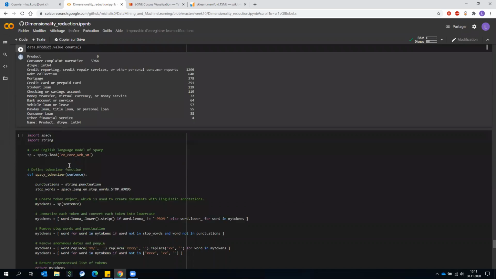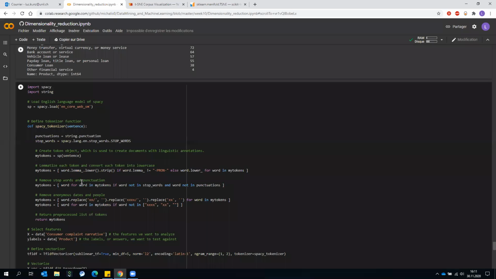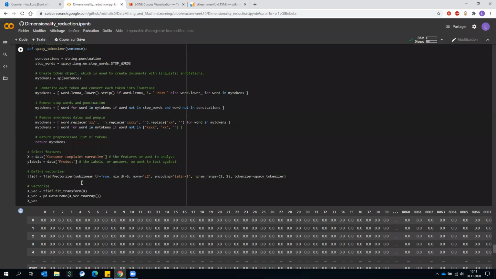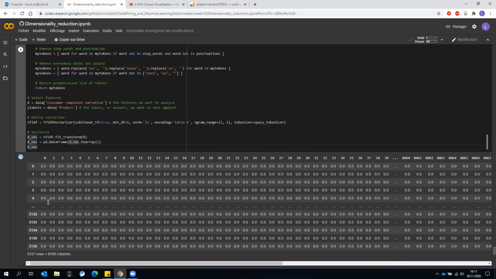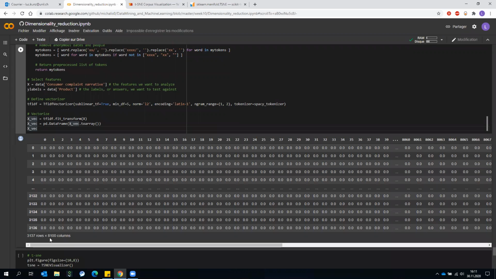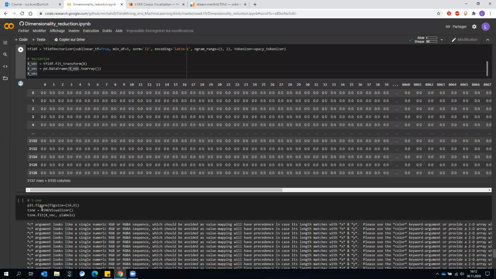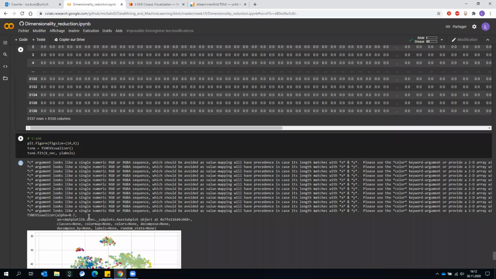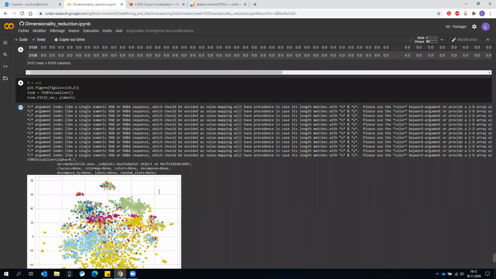And in this case, I used the same code as in the previous lab session. And we also have a TF-IDF. And the TF-IDF gives you something that has a dimensionality of 8100. And if I do the same with this TSNE visualizer, then it yields something.